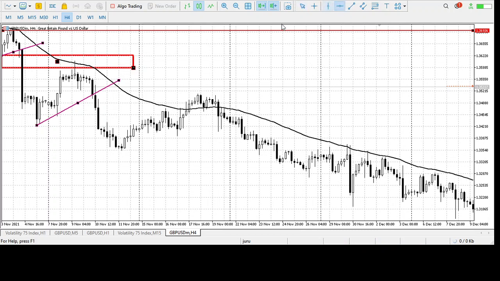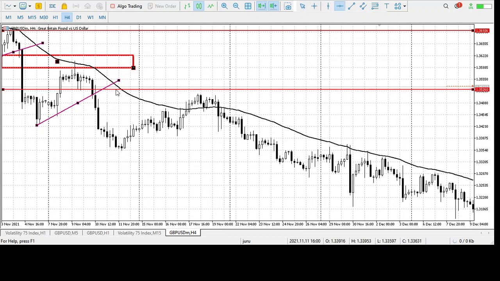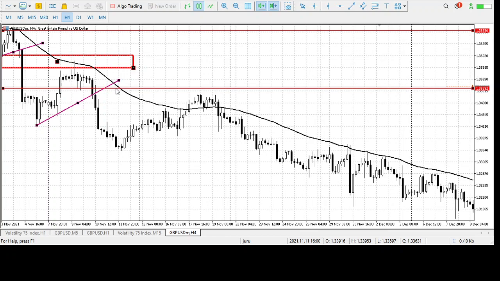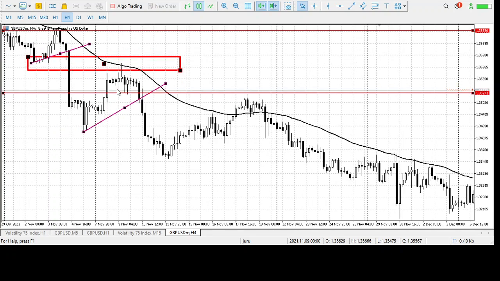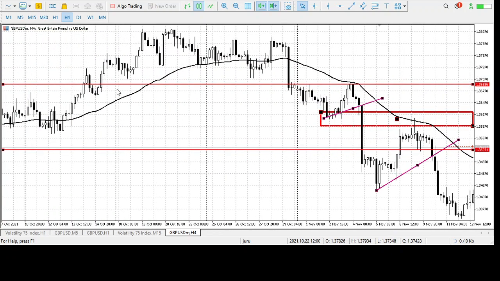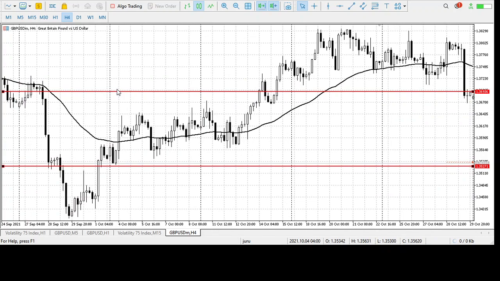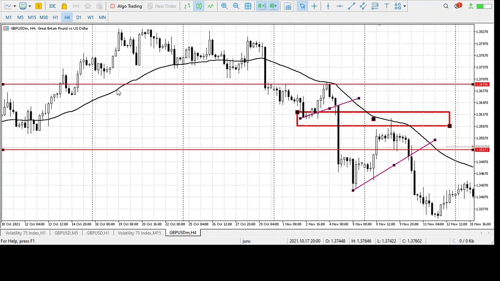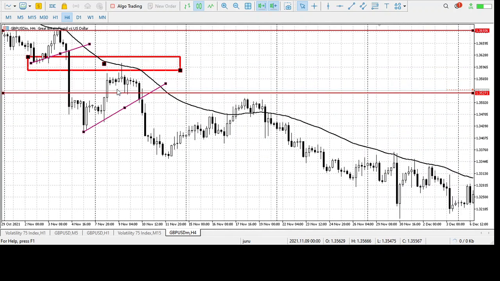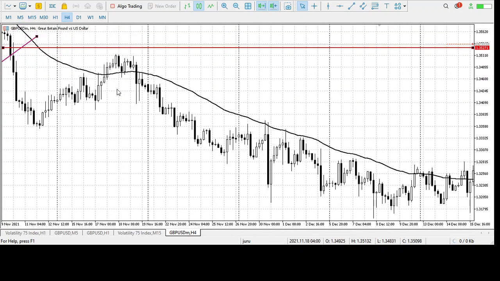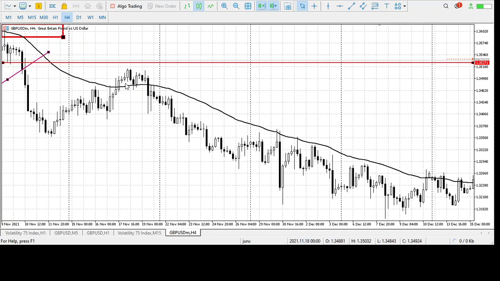Let me draw this so that you can clearly see. As you can see, this area acted as support, and so this area never confirmed any trend change.